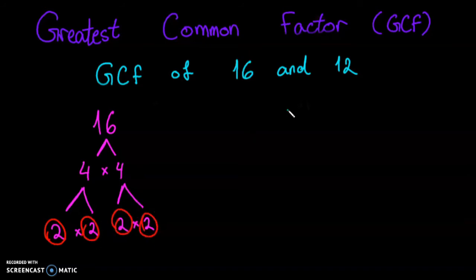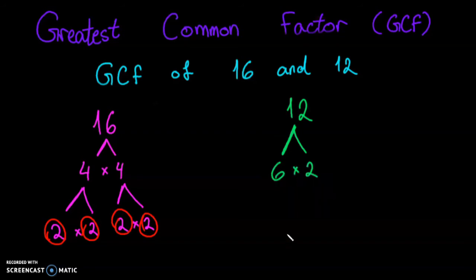Now for 12. 12 can be written as 6 times 2. 6 can be written as 3 times 2. Now 3 is a prime number, and 2 is also a prime number.